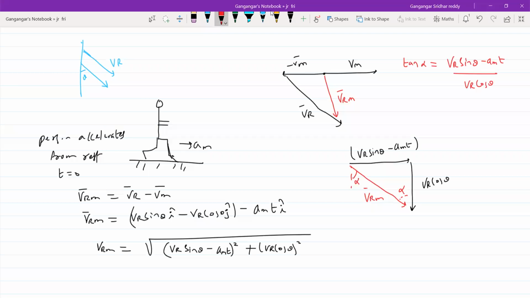So the value of alpha depends on this one. So VRM will be somewhere like this. It all depends upon the value. So this will be VRM.